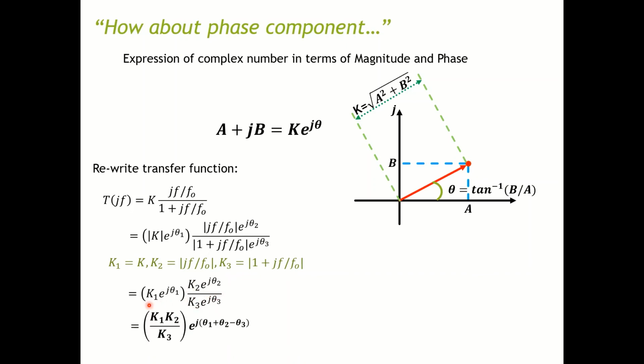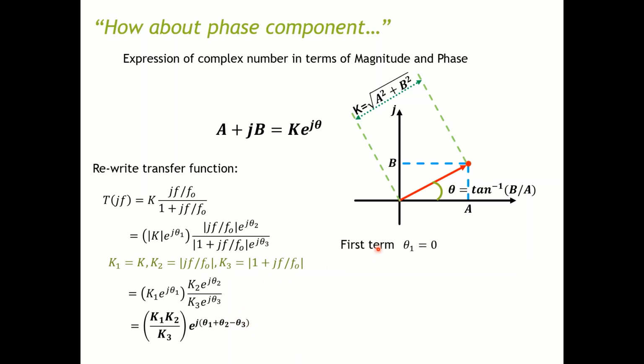Technically, I can group all of the magnitudes together and all of the phase components together. So now the effective magnitude of this transfer function is k1 k2 over k3, while the total phase of this transfer function is theta 1 plus theta 2 minus theta 3.